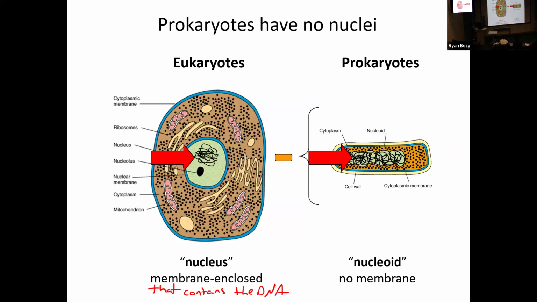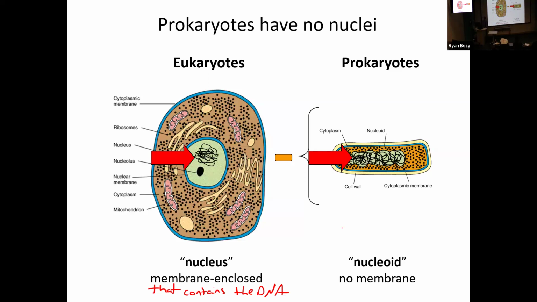Instead, they have a structure called a nucleoid. Their DNA is just in the cytoplasm. There's no membrane around it, but the nucleoid is still where that DNA is wrapped around some structural proteins, and it still is an organized structure, even though it's not membrane bound.